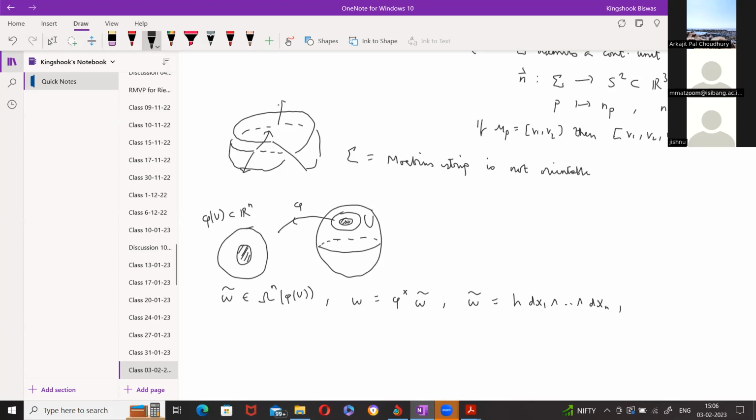And then the integral of omega over M is defined to be the integral of this function h over phi of U. So this integral is well defined because h is continuous with compact support.